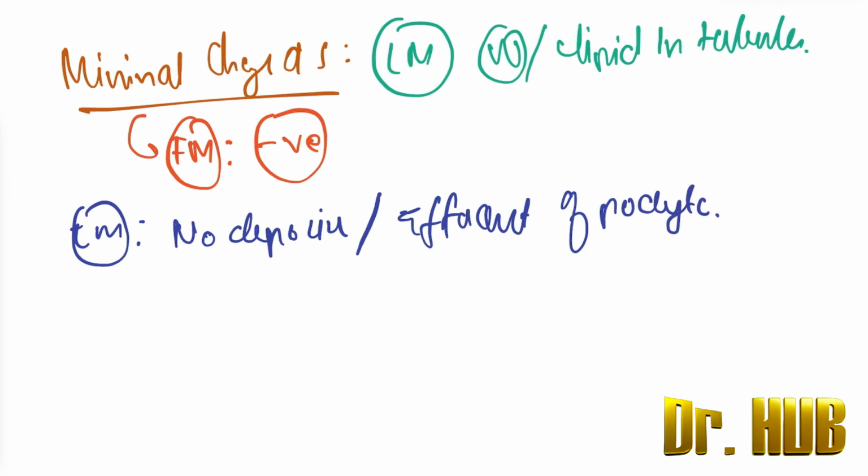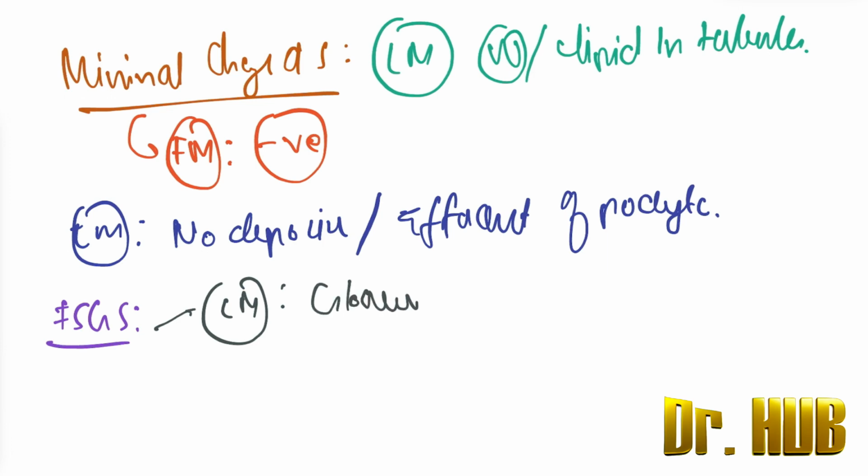Next, we move on to the focal segmental glomerular sclerosis, which is nothing but FSGS. Under light microscopy, there is glomerular hyalinosis and sclerosis.